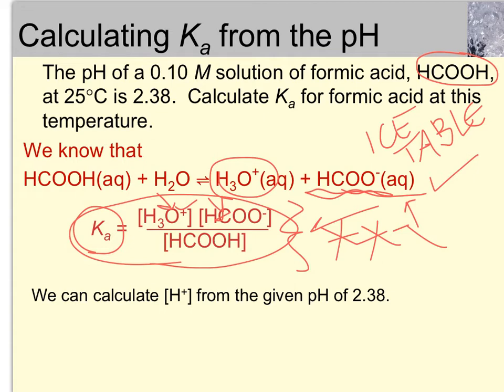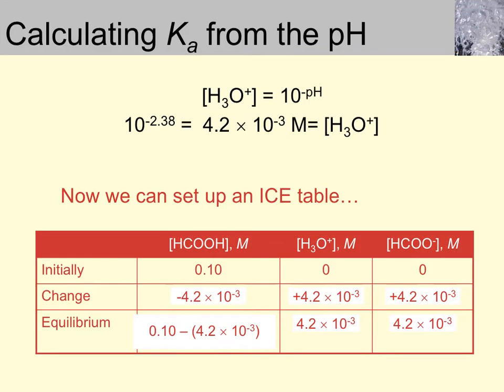All right, so now let's go ahead and work on our ice table. What is the information we have so far? We have the initial concentration of the intact acid they gave us, 0.10 molar. We're going to assume the initial concentration of the products are 0.